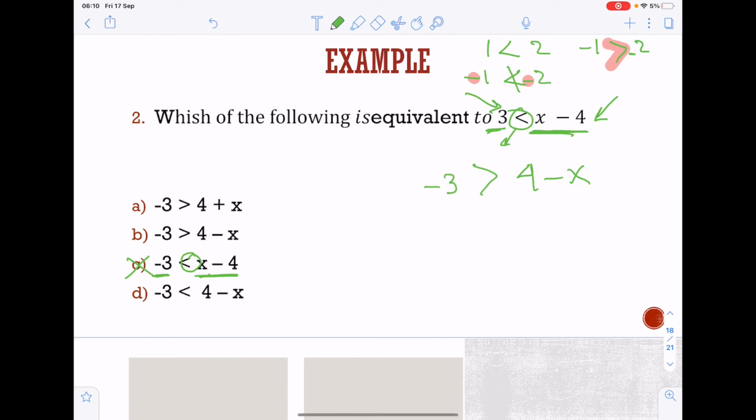So here we have negative 3 more than 4 minus x, which is B. Negative 3 more than 4 minus x. This one looks like this side is totally different, it's 4 plus x, and here is correct. They multiplied this side by a negative and this side by a negative, but they did not flip the sign. Okay?